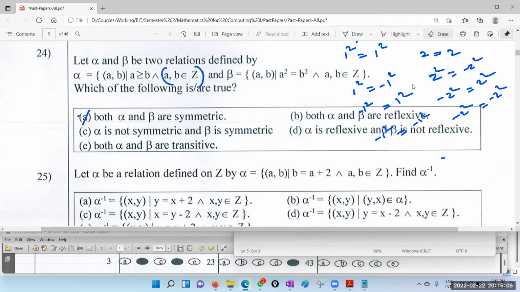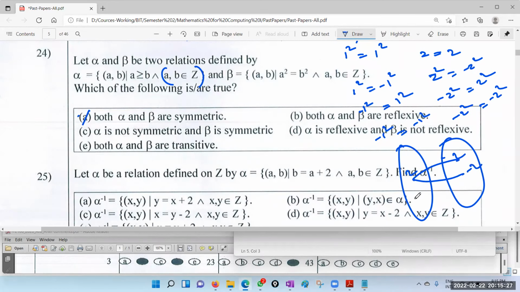So let's look at the second one. We have, for example, 2, 2. I'm just taking 1 example to get a feeling about it, and it's applicable to 3, 4, all the other numbers. 2, 2 is there. 2, minus 2 is there. Minus 2, minus 2 is there.